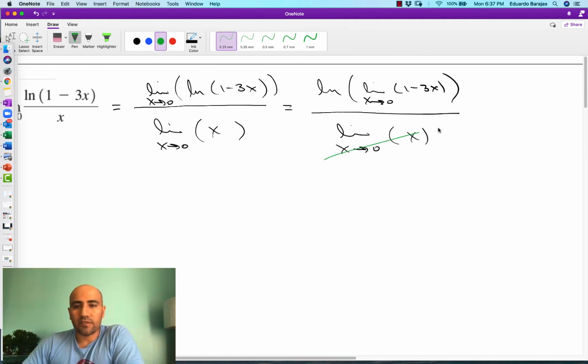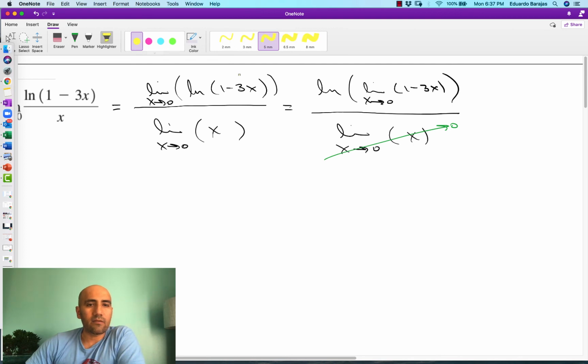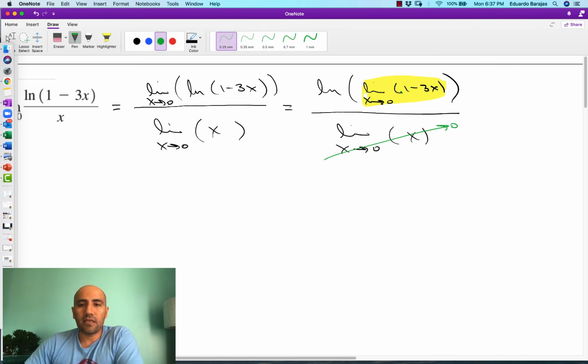Okay, so the denominator, we said this limit is 0. Now inside this argument, let me highlight that it's inside of it, right? This whole limit, the limit of 1 minus 3x, is inside the ln function. And this limit inside here is going to go toward 1, right? As x goes infinitely close to 0, this is a polynomial, so we can just evaluate it at 0. So this is going to head toward 1.